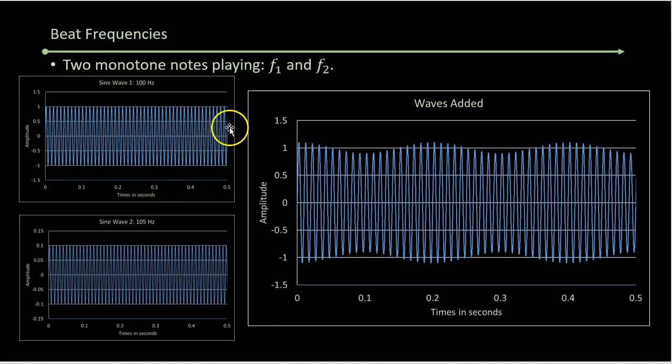All right. So the beat period is 0.4 seconds, and you can see here I've added these two together, and this graph is the sum. Right here, as predicted at 0.4, we've made a full cycle.